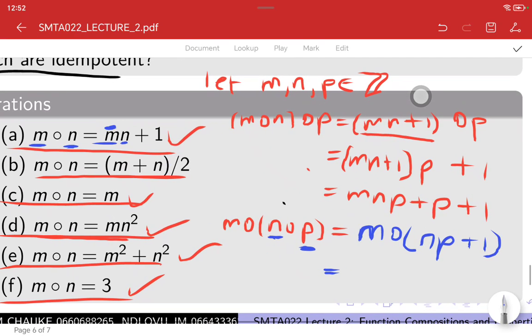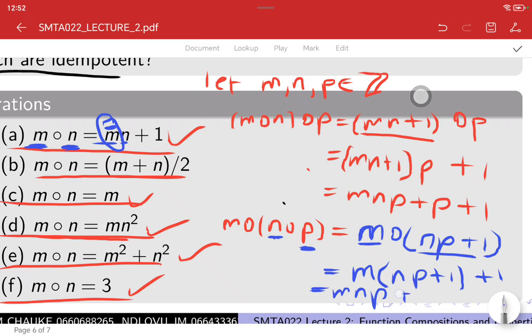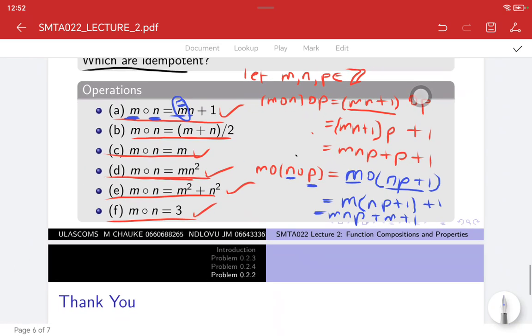I applied the definition. First one is represented by the first one, second one is represented by the second one. So it means that this will be M. I plug M there. Then on N, I plug the second one, NP plus 1. Then I add that one which is out there. Then this will be MNP plus N plus 1. Now let's check if these two are equal. This is the same as this, right?